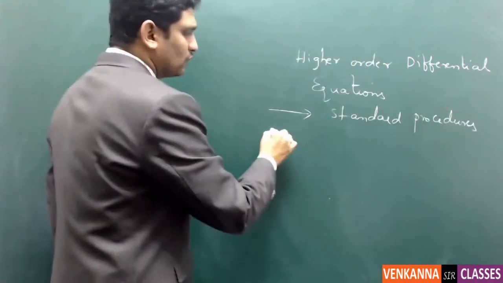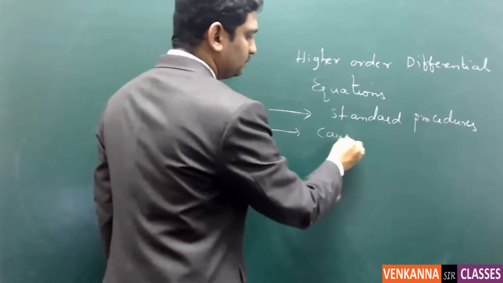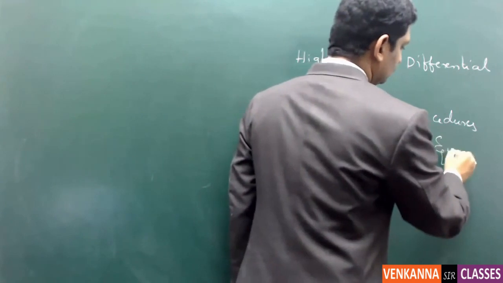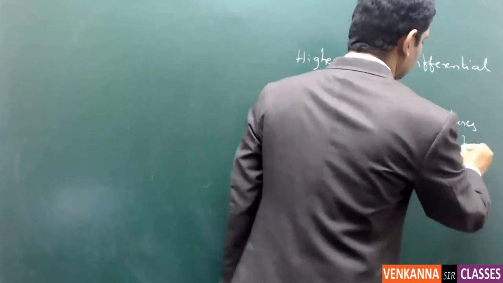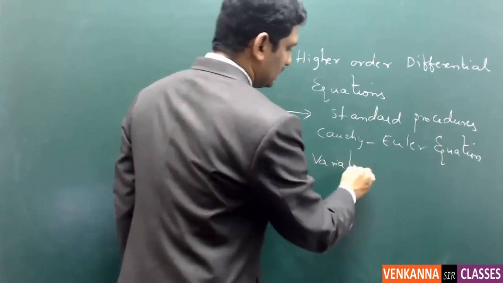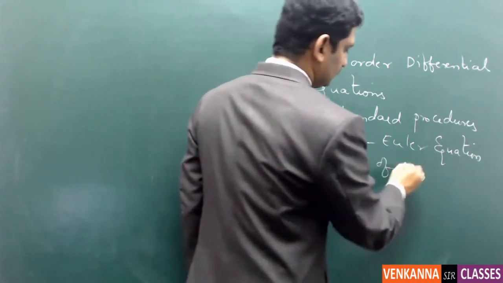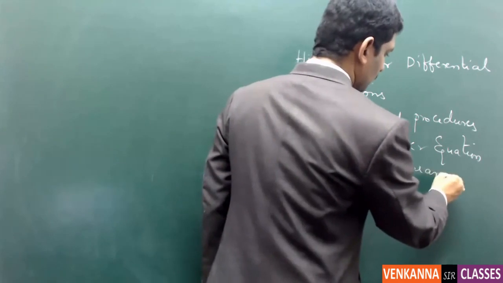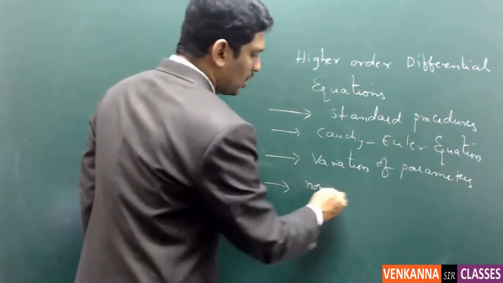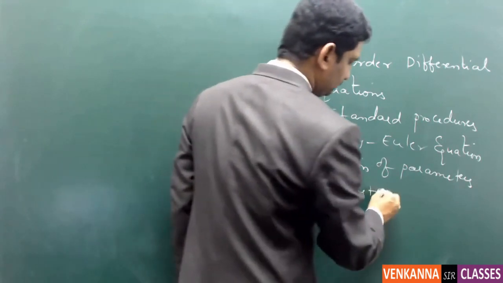So in this, one category is the Cauchy-Euler equation. One category is variation of parameters. And one category is non-constant coefficients.